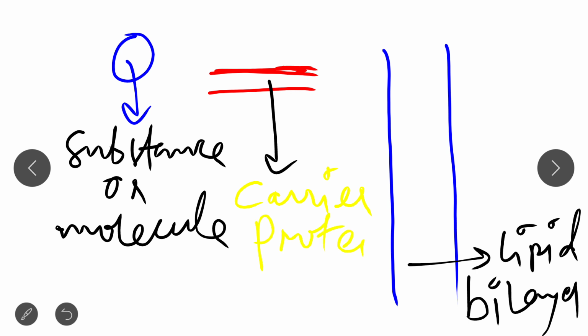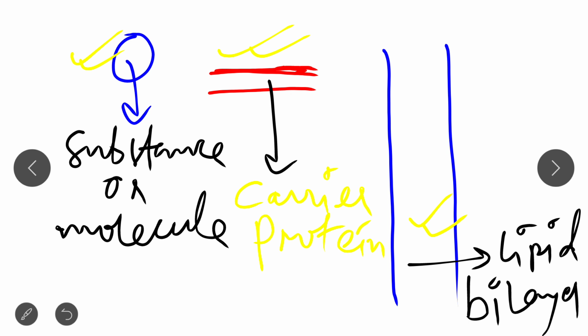This is a lipid bilayer, this is the substance which needs to be transported across it, and this is the carrier protein, which binds to this substance and helps in crossing this substance across the lipid bilayer.